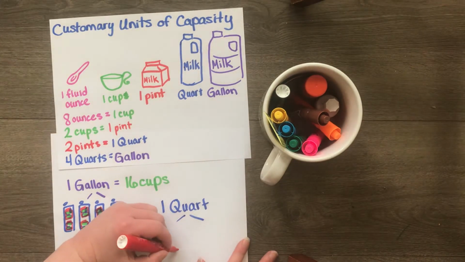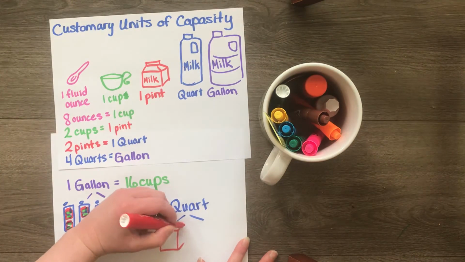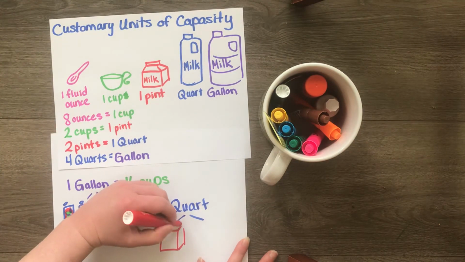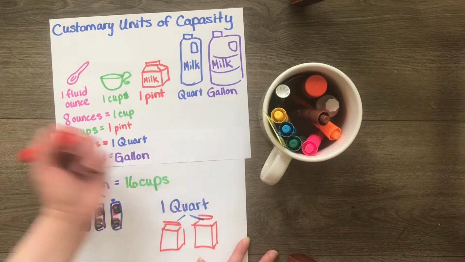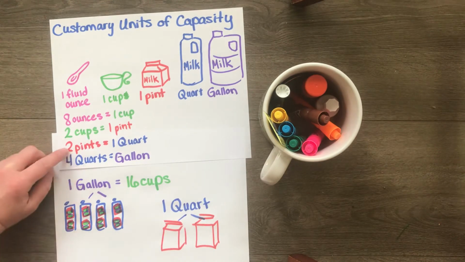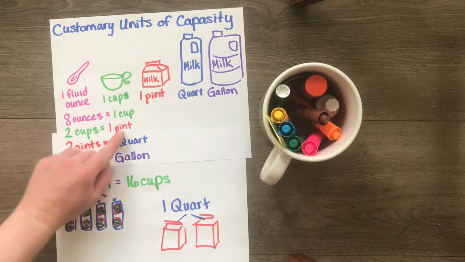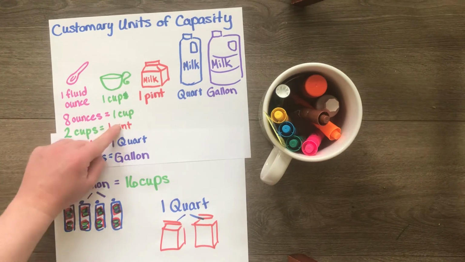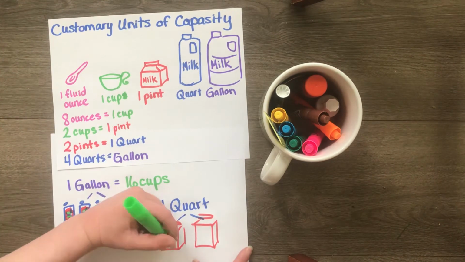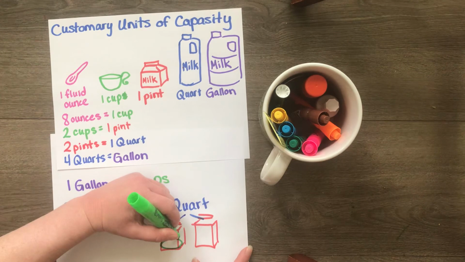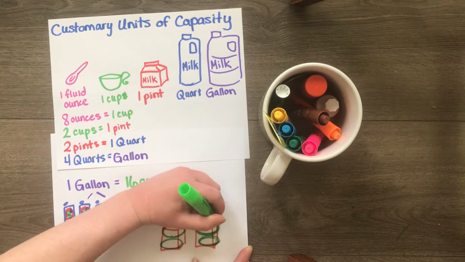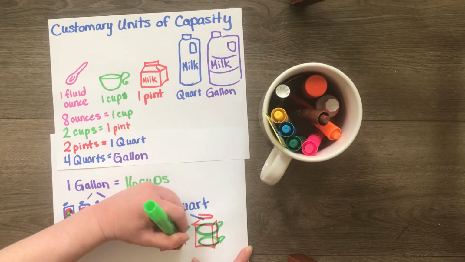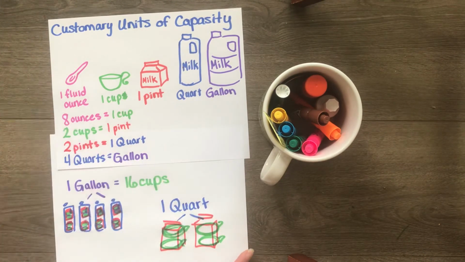So I'm going to draw my pints right here. Pint and pint. Now I know that inside every pint, there's 2 cups. So I'm going to draw those cups right in there. There's my 2 cups. They don't really look like cups, do they? We'll draw handles. There we go. It's like we're looking down on the cups.